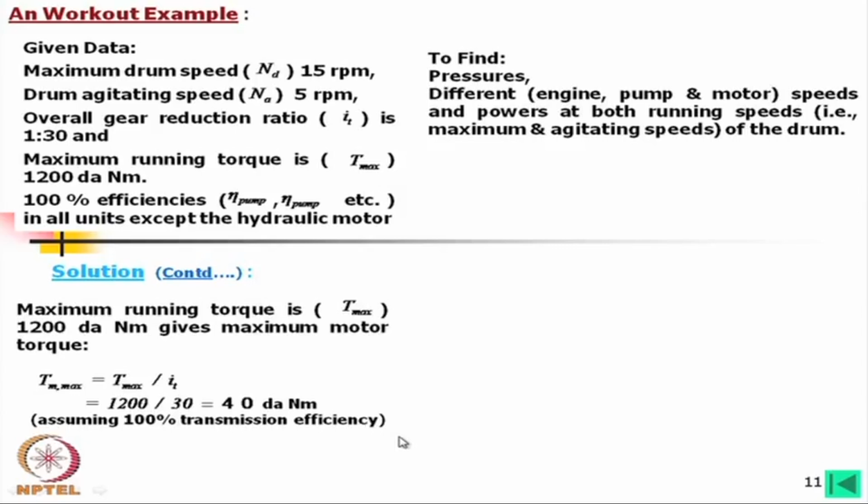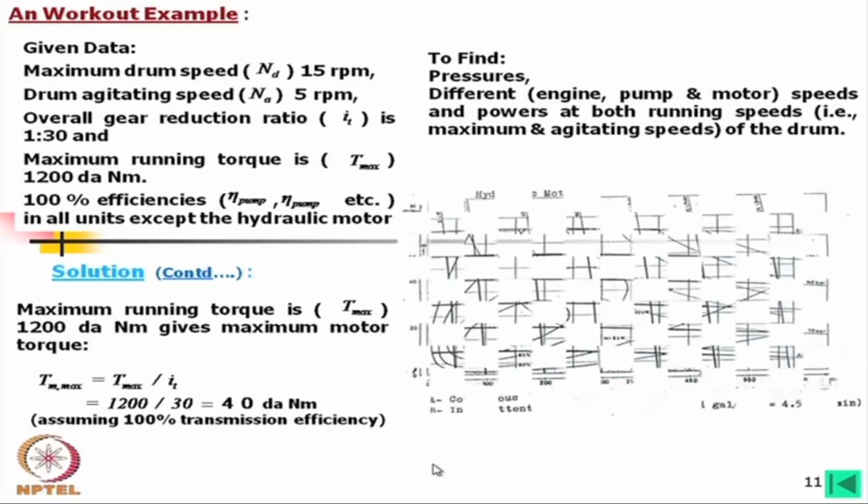Here we have considered the gearbox efficiency as 100%. So if the motor can output 40 decanewton meter, it will suffice the purpose.